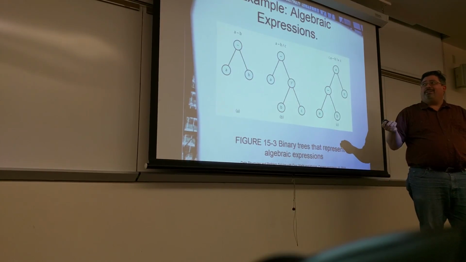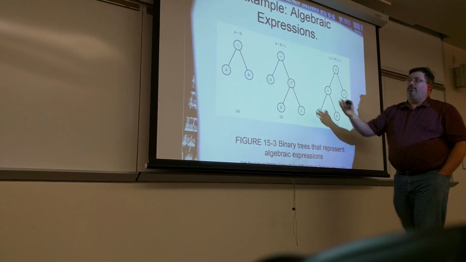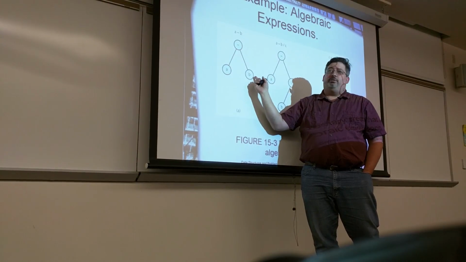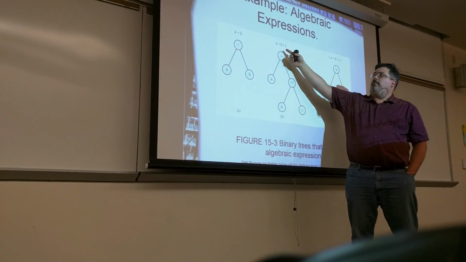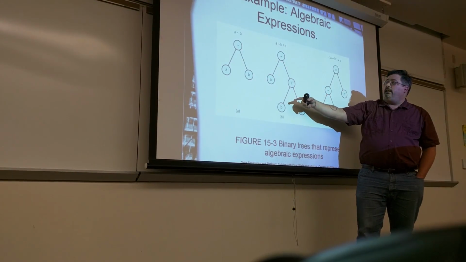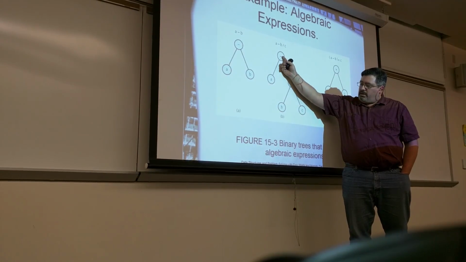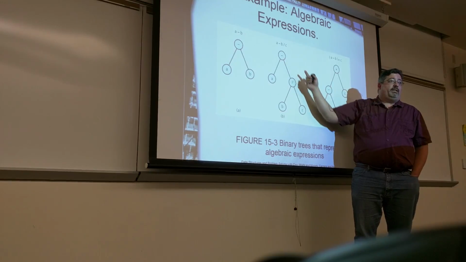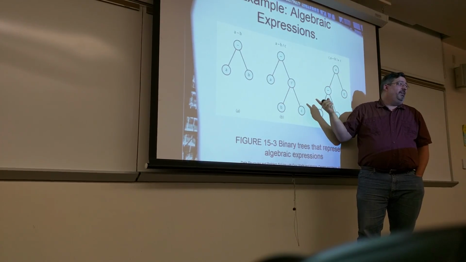This is showing how we can use binary trees to express algebraic expressions. So for A minus B, we put the operator at the root, and then the children are the operands. This is a little bit more complex, A minus B over C. Again, we have minus as the operator, A as the first operand, and the second operand is actually the result of another operation, which is another binary tree.